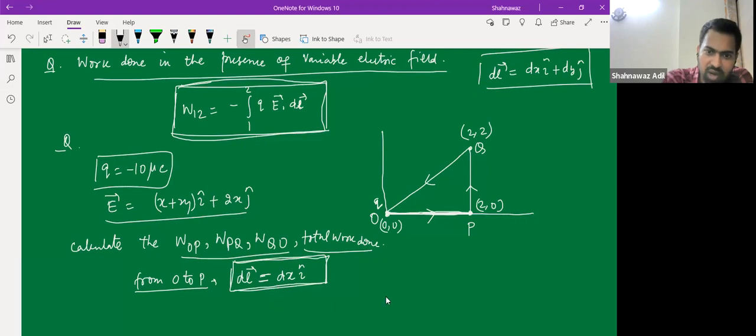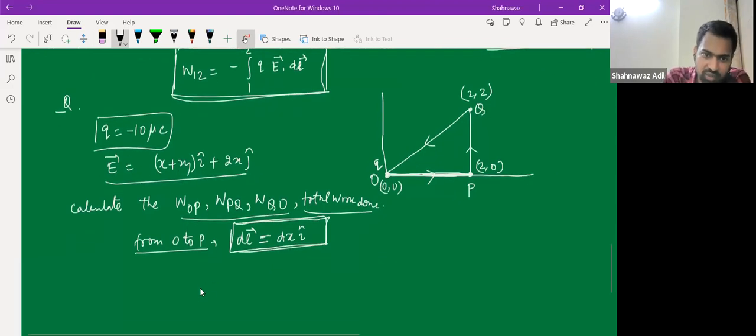Okay. So now what would be the work done from O to P? This would be simply minus q integral from O to P, and E dot dx i hat.